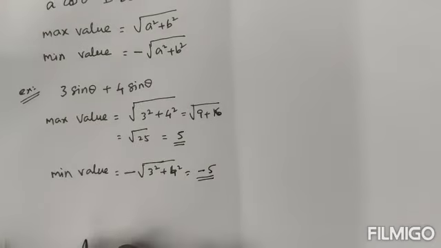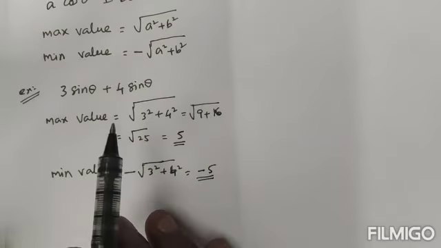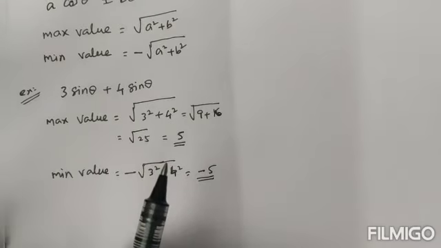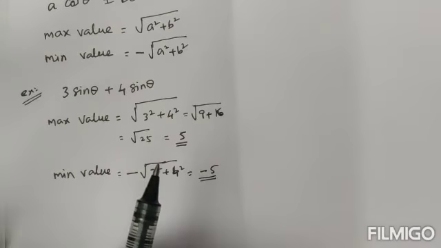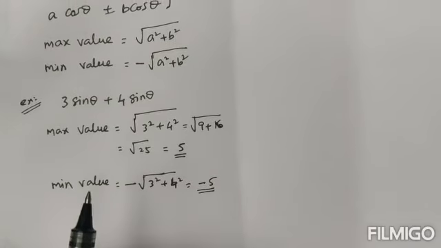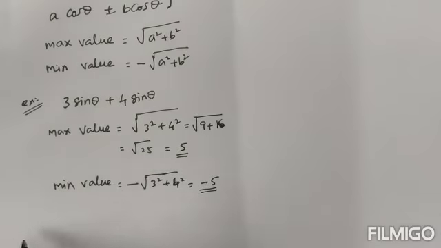So this is based on the a sin theta plus b sin theta identities. Okay students, I hope you know the first identity with the example. Right, the next model.